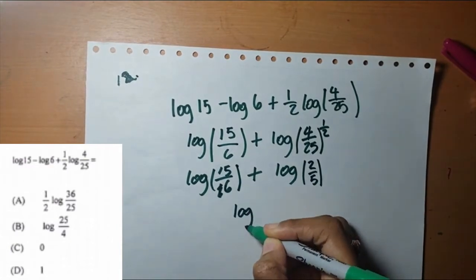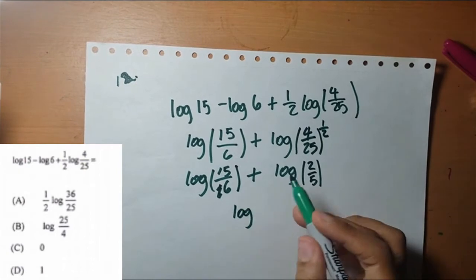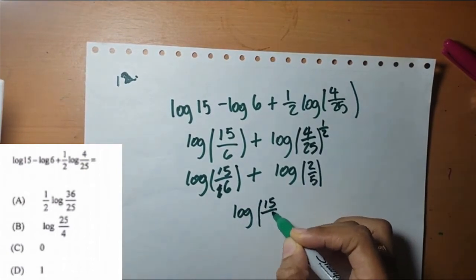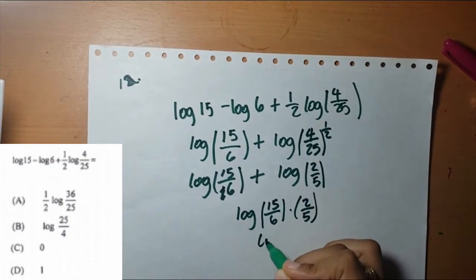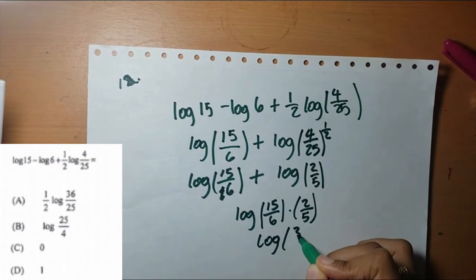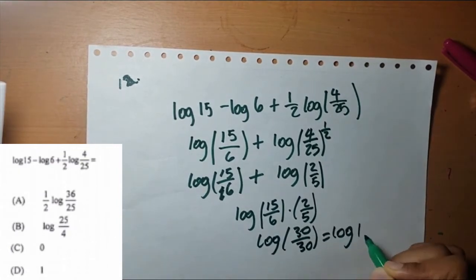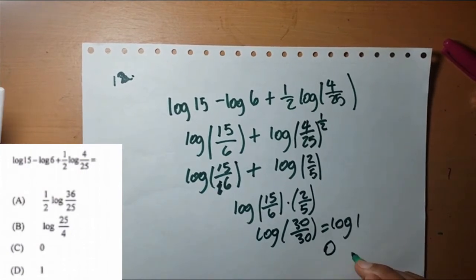Now, when logs are being added, you can just multiply what is in each bracket. So that would be 15 over 6 times 2 over 5, which is log of 30 upon 30, equal to log 1. Now log of 1 is 0, so therefore the answer is C.